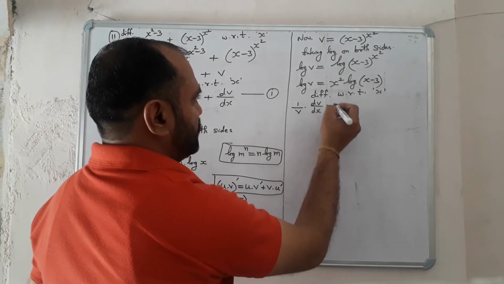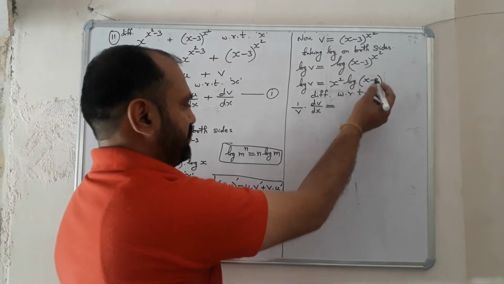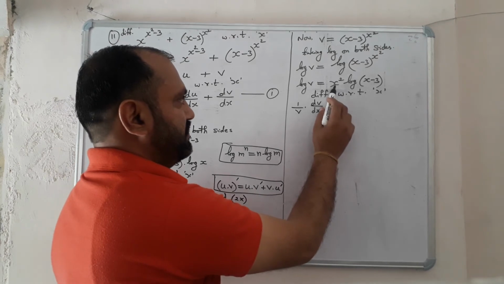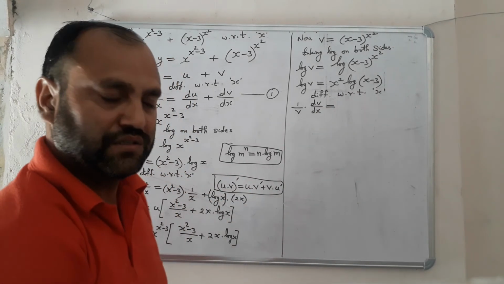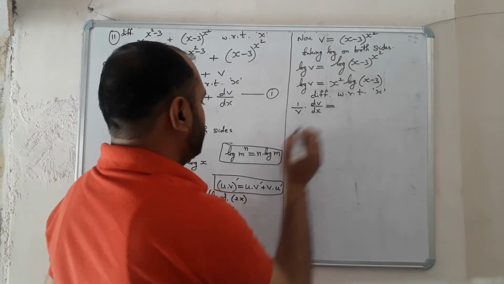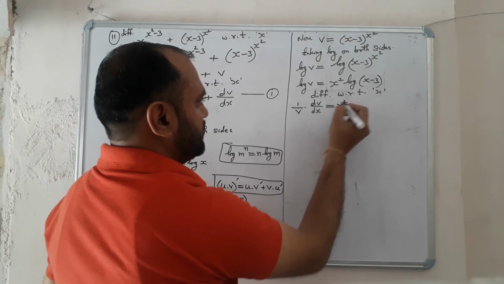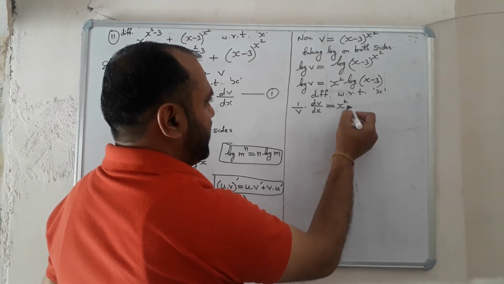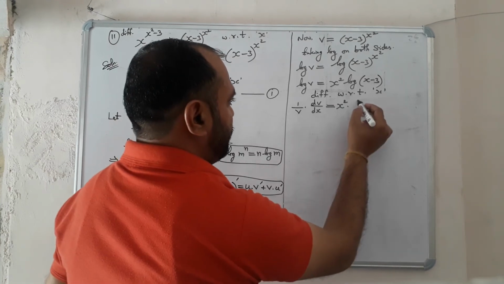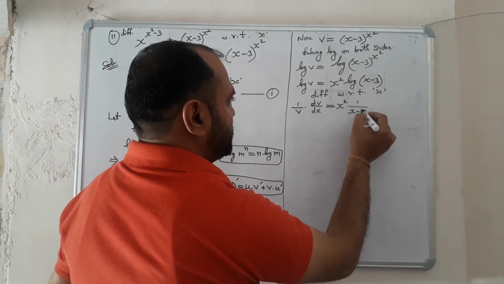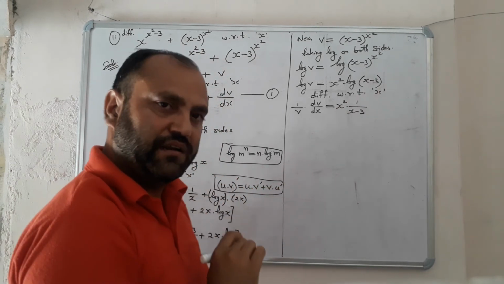Which is equal to, how to differentiate this? Same concept, product rule. First function x square and second function log of x minus 3. So you can use this product rule here. First as it is, what is the derivative of log x minus 3? According to chain rule, it is 1 upon x minus 3 into the derivative of x minus 3, that is 1.